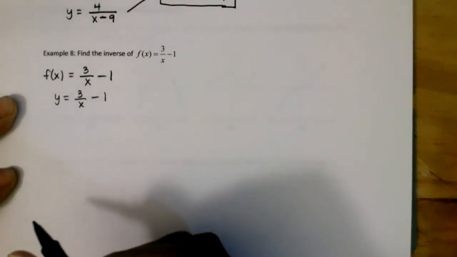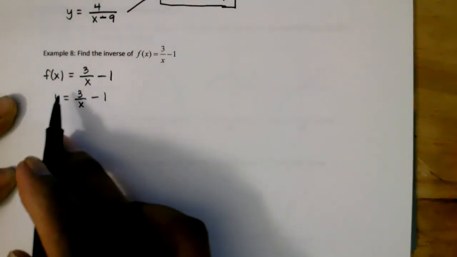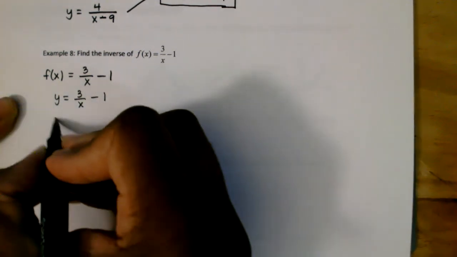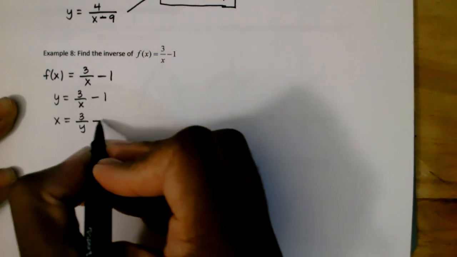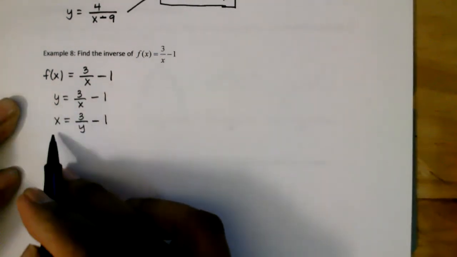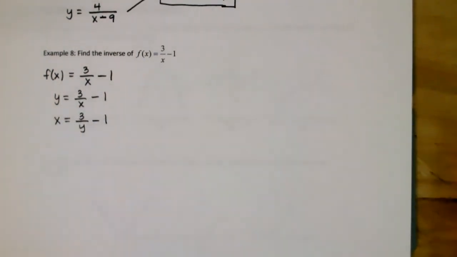And then next I will interchange x and y. So this y becomes the x, that's equal to 3 over y minus 1. Y becomes the x and the x becomes y. So I have x is equal to 3 over y and then minus 1. Next step, I will solve the equation for y.